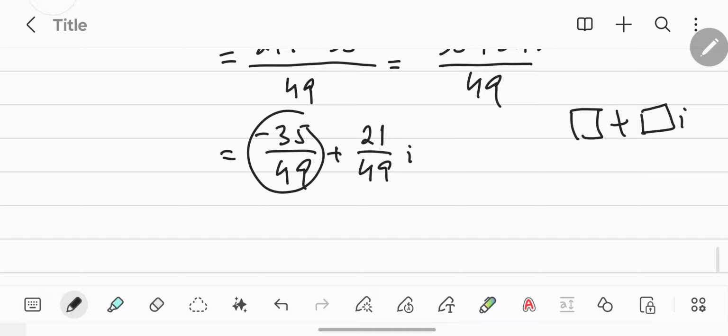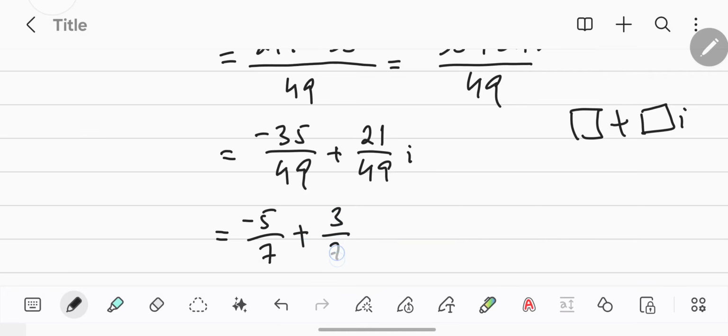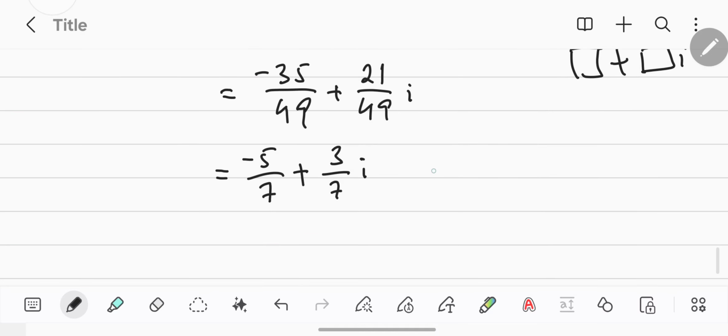If they are cancelled at some point, you can cancel them, because both of them are divisible by 7. 7 times 5 is 35, 7 times 7 is 49, 7 times 3 is 21, 7 times 7 is 49. So this is the simplest form. If you don't want to write in the simplest form, you can write this form also. So this way you can take the quotient or the division. You can divide any two complex numbers. Make sure that the divisor must be non-zero.